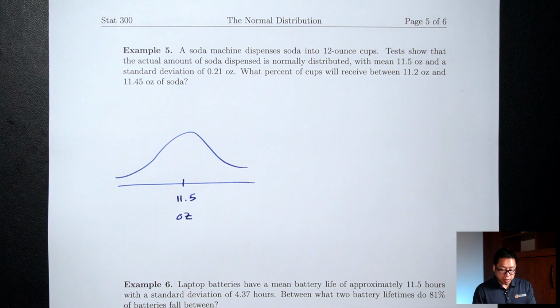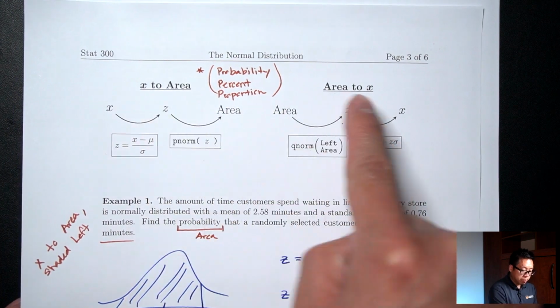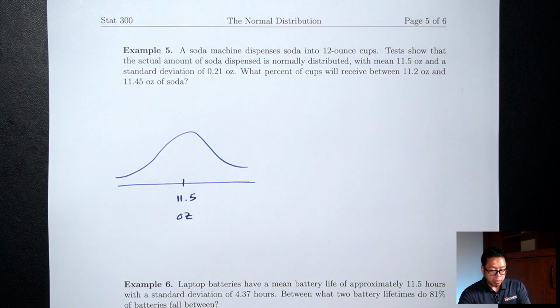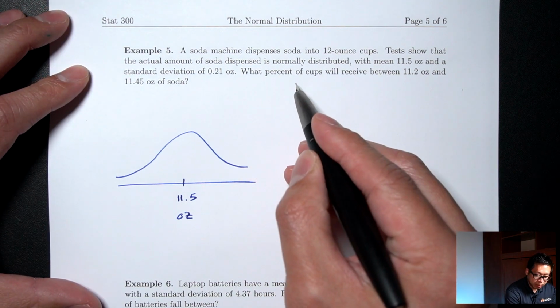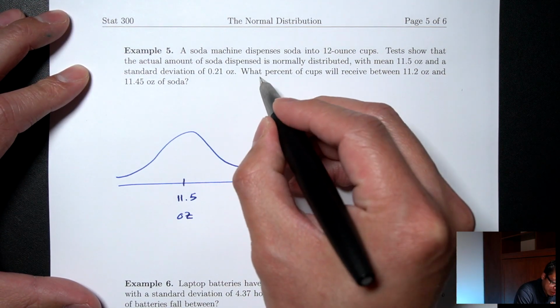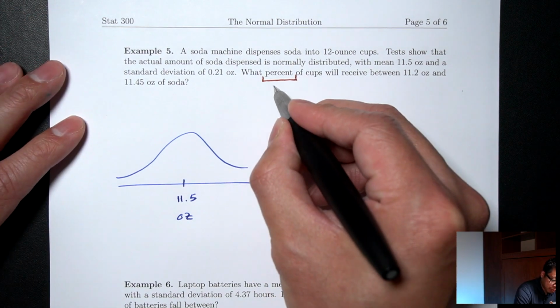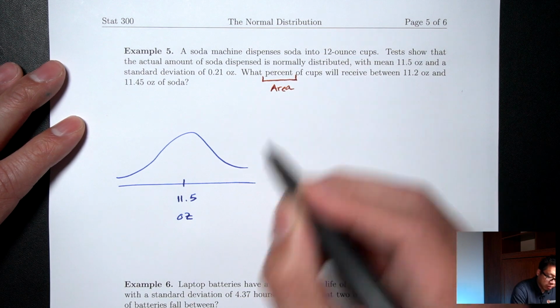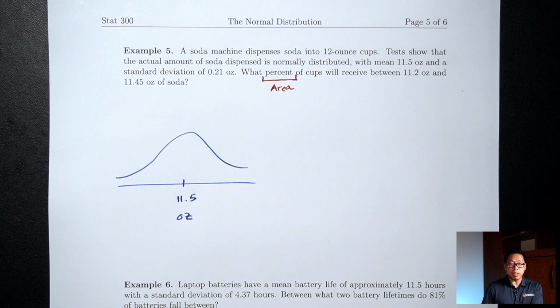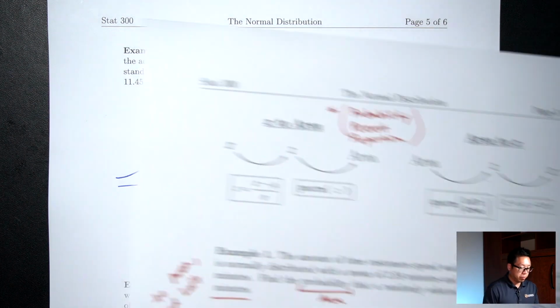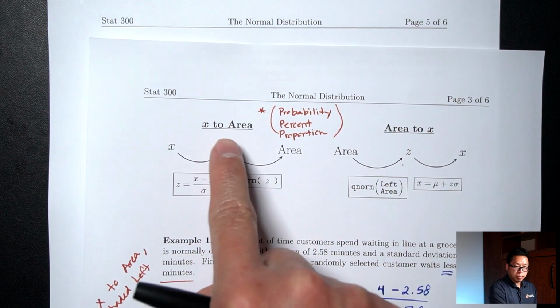Next thing we need to decide is whether this is an x to area or an area to x. The way I usually figure that out is read the question. So what percent? So percent is one of those P words that I said refer to area. So this is asking what area. So I want area as the final answer here. So which one ends with an area? X to area.